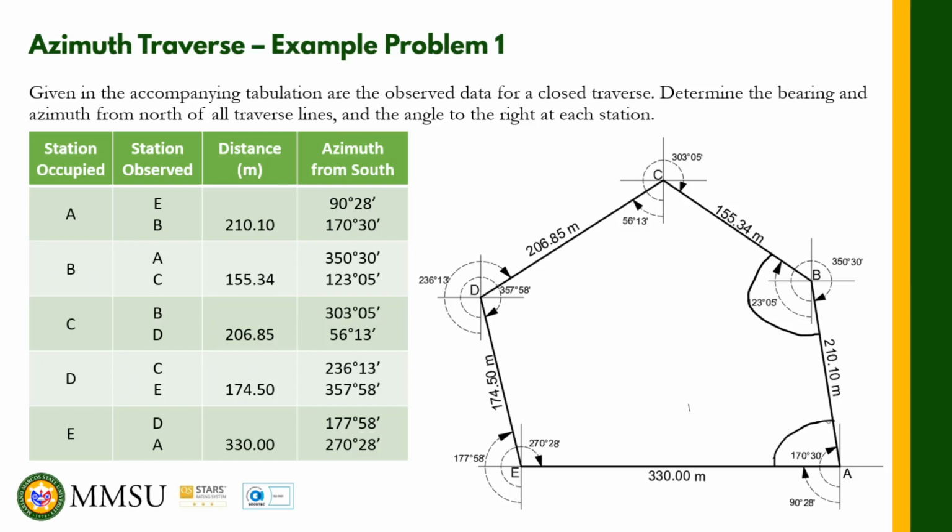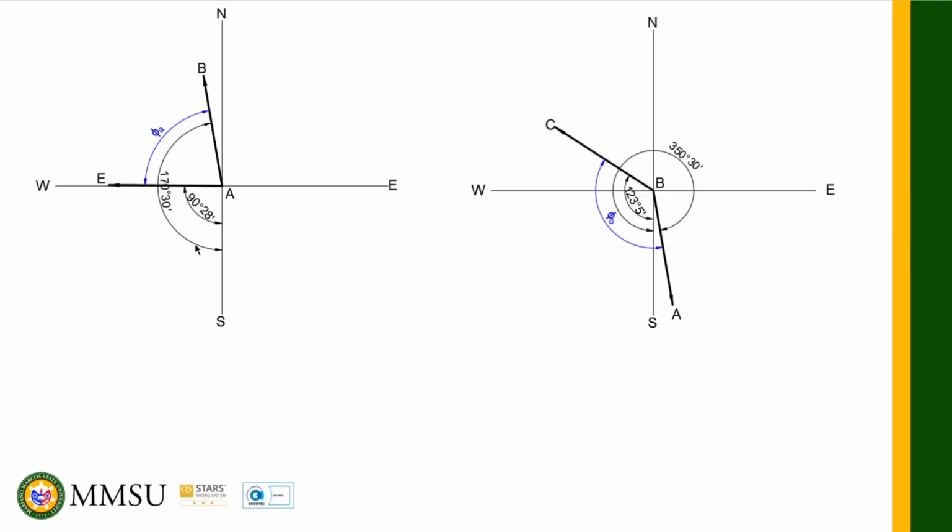So let us start solving for the angle to the right at station A. We are concerned with phi sub A, the one in blue. We are given these two azimuths, the azimuth of EA and the azimuth of AB.